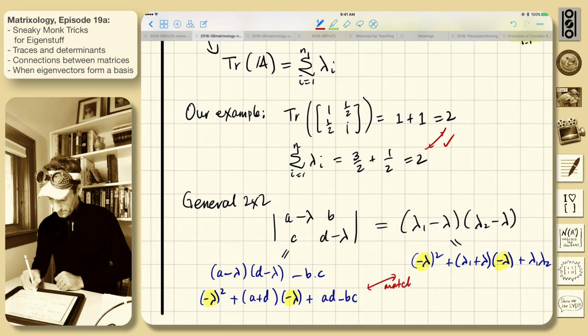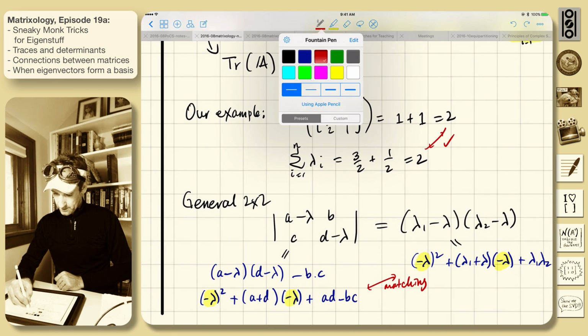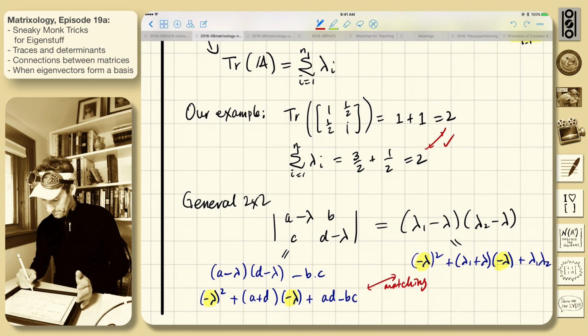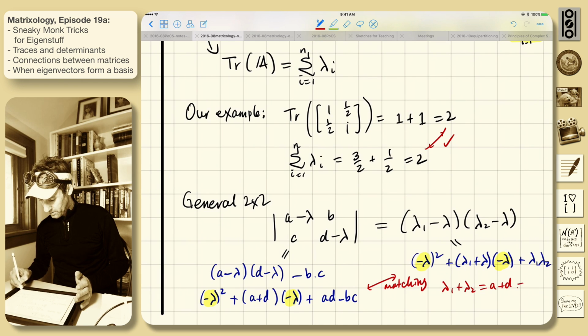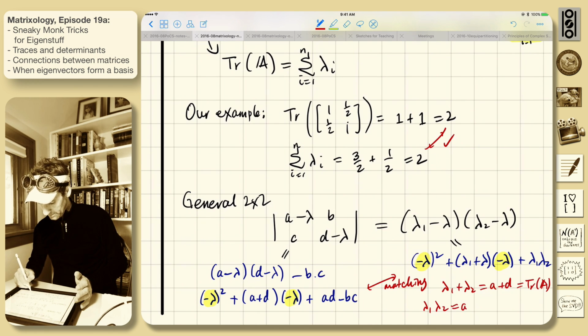Matching these two, these things are equal, yes? So we get the two results we've already had: lambda 1 plus lambda 2 equals a plus d, which is the trace of A. And lambda 1 times lambda 2, this piece here, is equal to just the constant term, ad minus bc, which is the determinant of A.